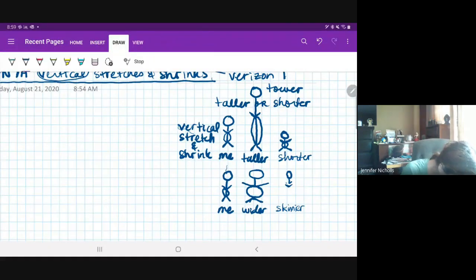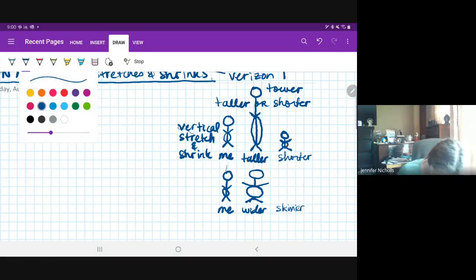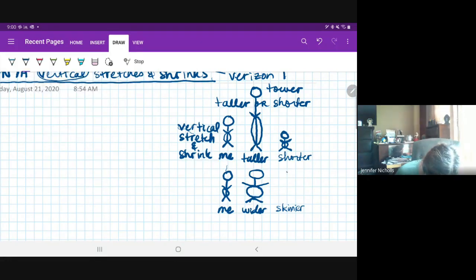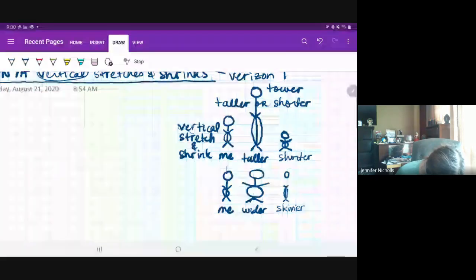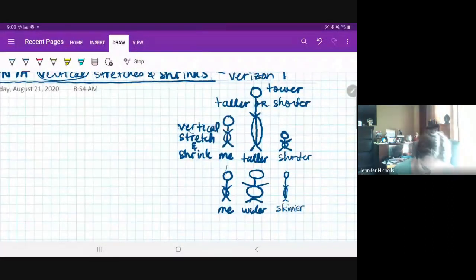Usually I show you a physical body, but then you don't draw it in your notes because you're just looking at me describing it with my body. So there's the head. The arms are in the same position, but they're less wide here. And this is skinnier, or sometimes called narrower.